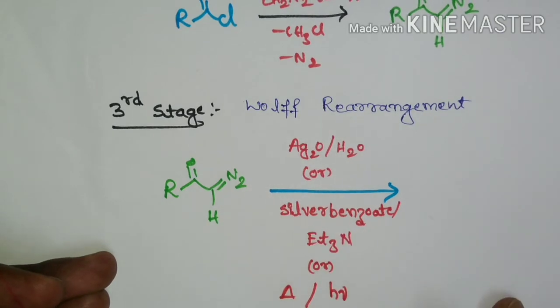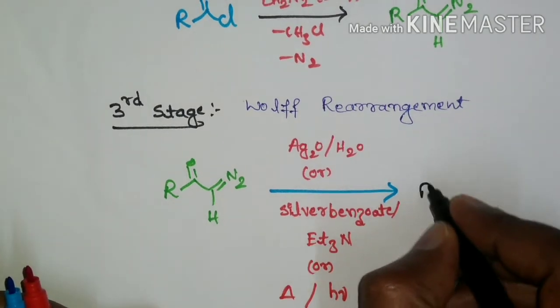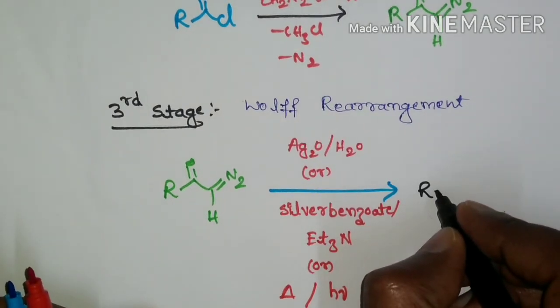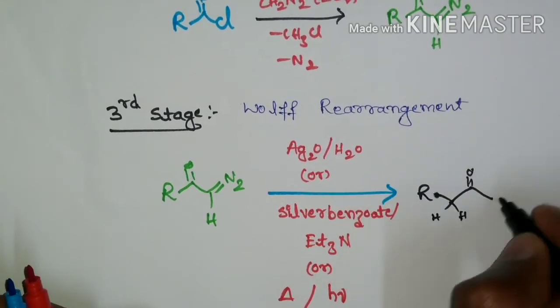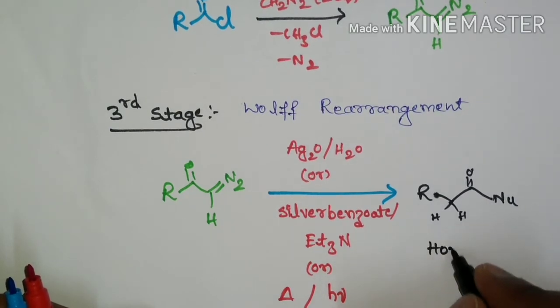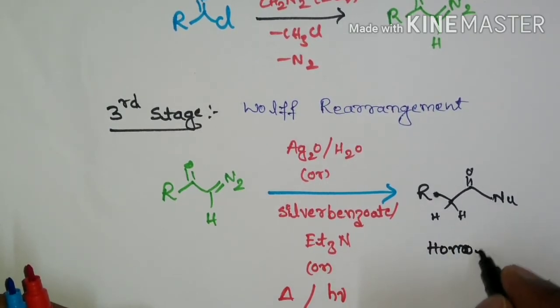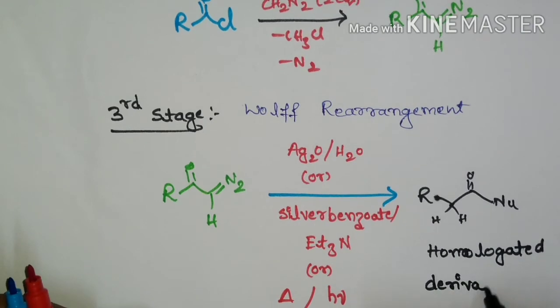Either of these will lead to decomposition of this alpha diazo ketone, which leads to the formation of the homologated derivative.